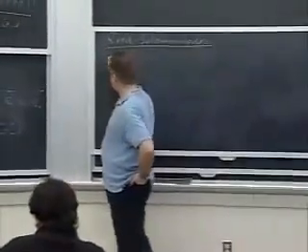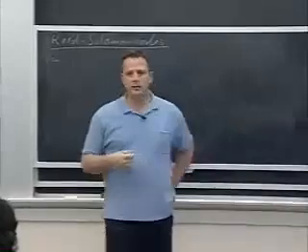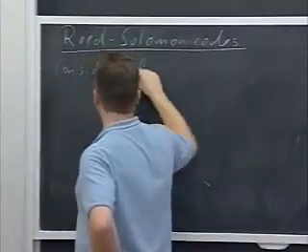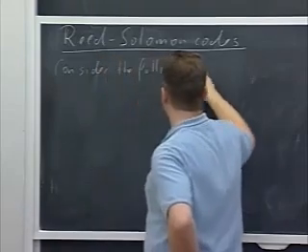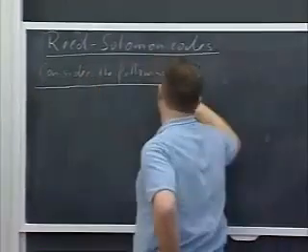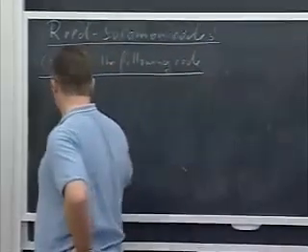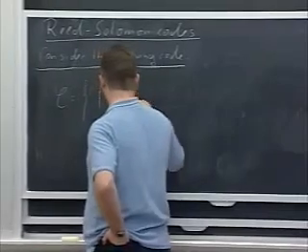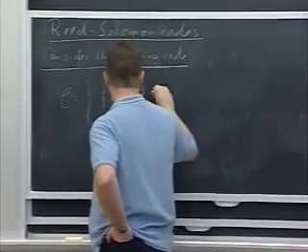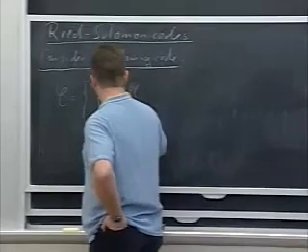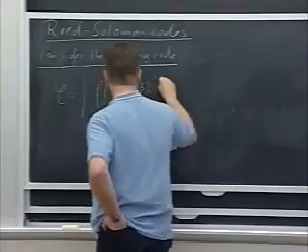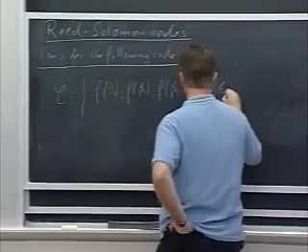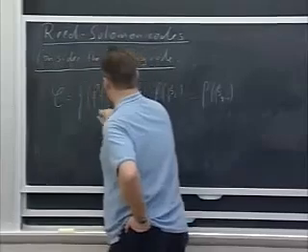Let's just, in a true mathematician spirit, write down, consider the following code C, evaluations at beta 0 through beta q minus 1.